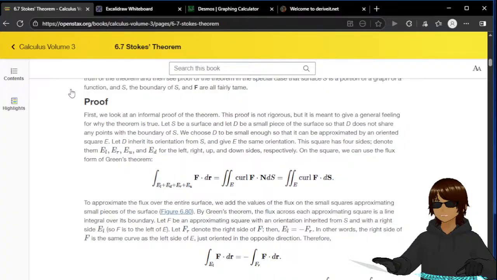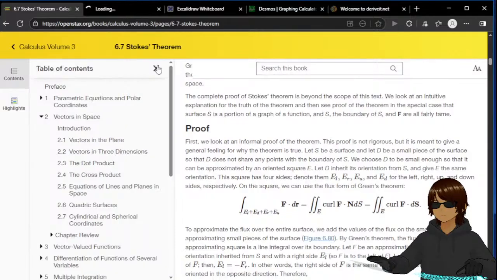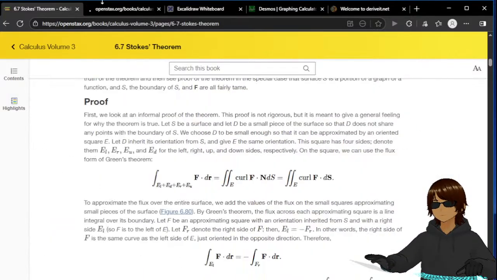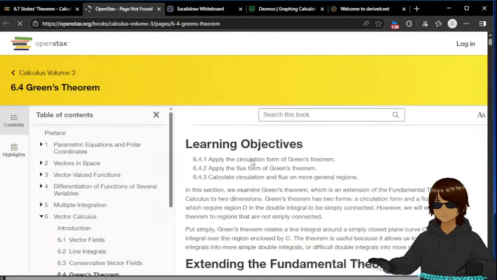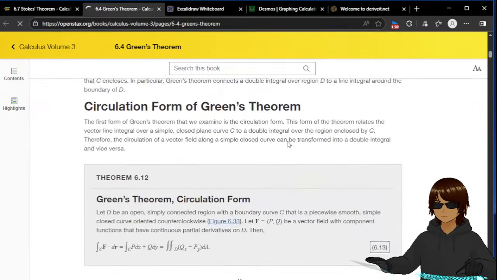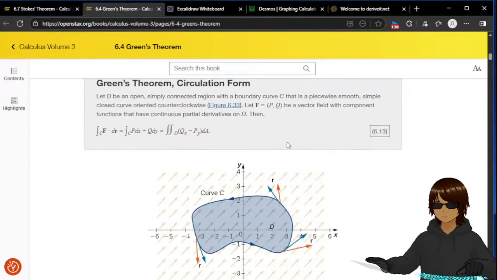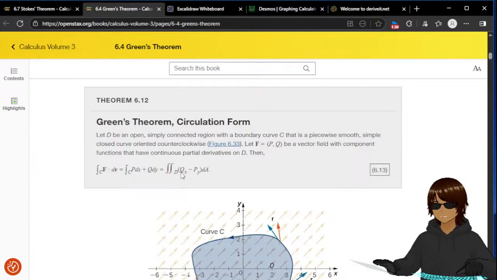Wait, going back to Green's theorem. The integral of F dot dr equals the double integral of (Qx minus Py) dA.